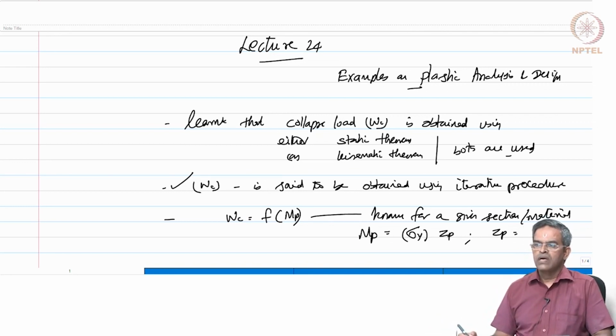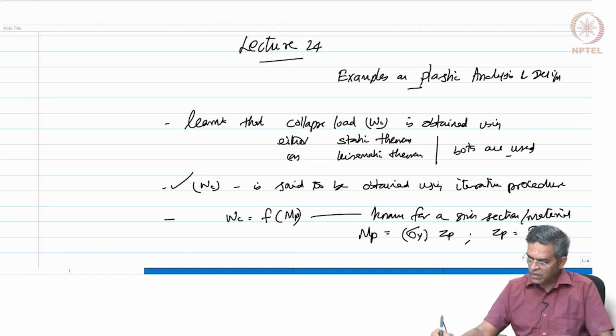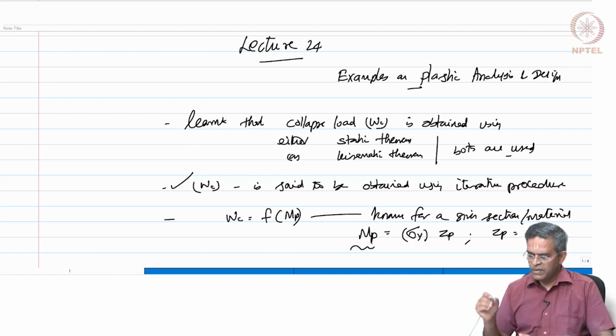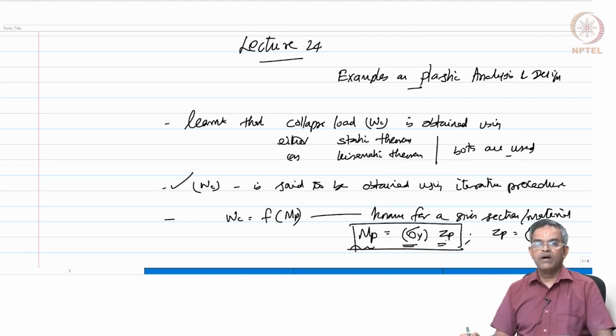Of course, we have also given you the MATLAB codes. We explained the procedure for finding the shape factor for different standard rolled steel sections. So, I believe that MP can be easily computed for a known material and a known cross section, which is more or less identified as a geometric property.